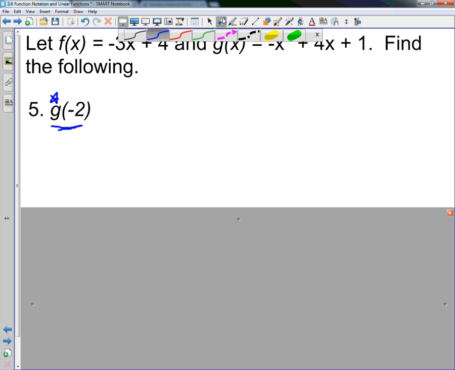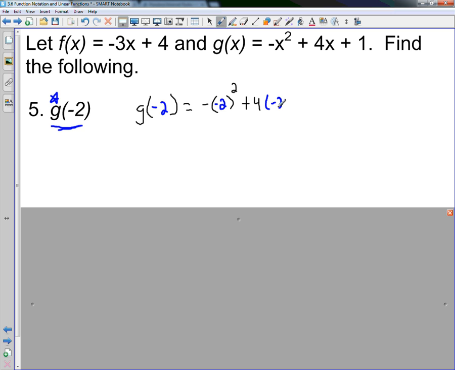So it should be g of negative 2 equals negative x squared. Well, my x is negative 2, plus 4 times my x value, which is, again, negative 2.